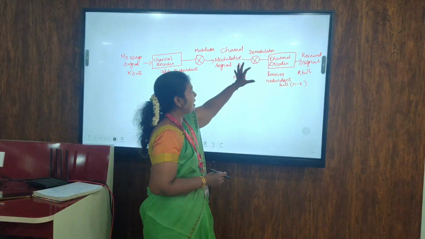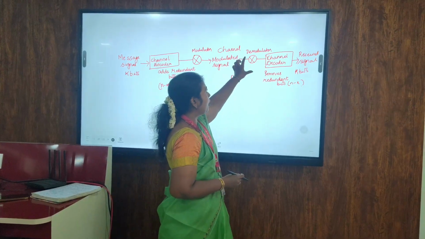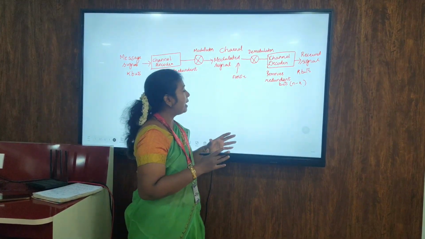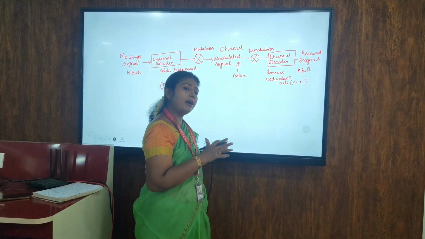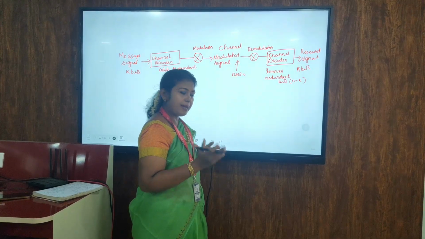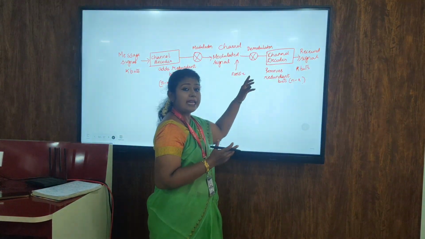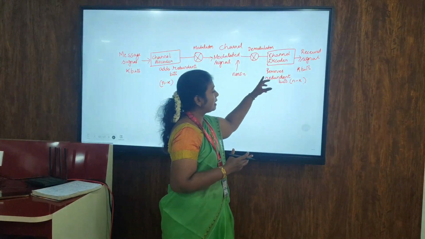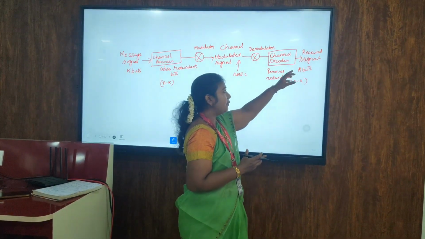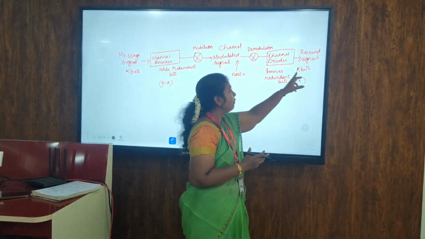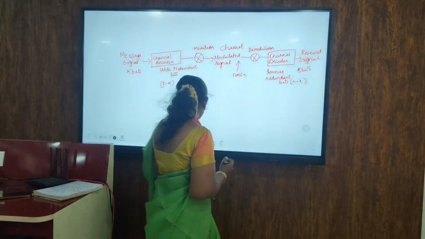Then the receiver part has a demodulator, whose function is removing the carrier from the message signal. The channel decoder then detects any errors and helps in the correction process, and then we get the original message back, which has k number of bits.